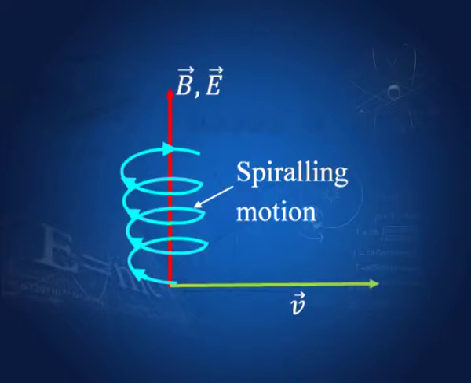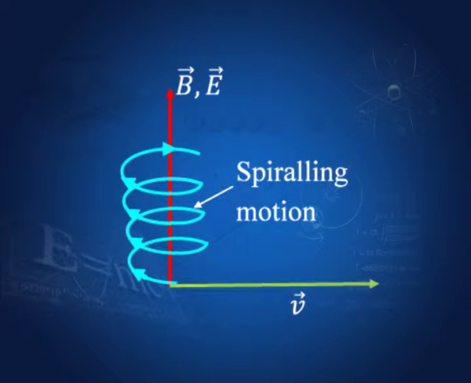So, therefore, a charged particle which was going like this now starts making a spiral motion. So, if both B and E are present and v is like this and B is like this and E is also like this, then a positive charged particle would go in a spiraling motion.